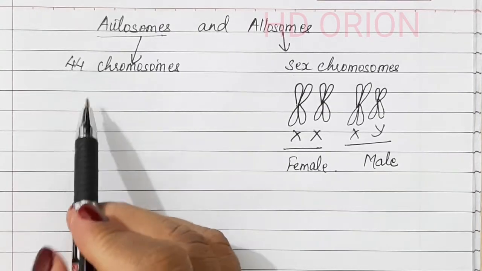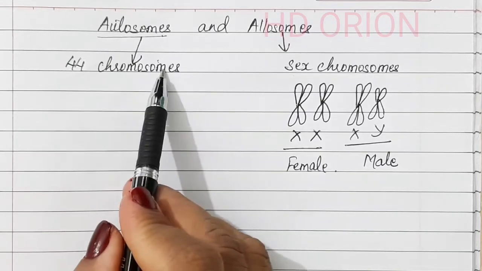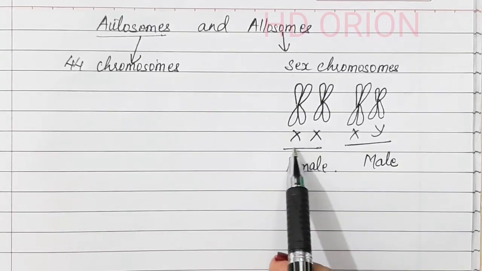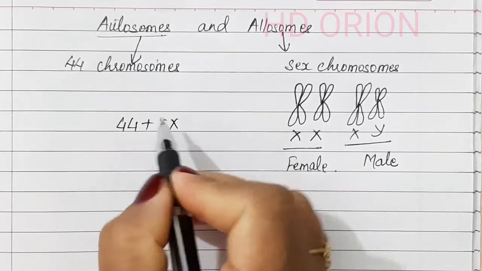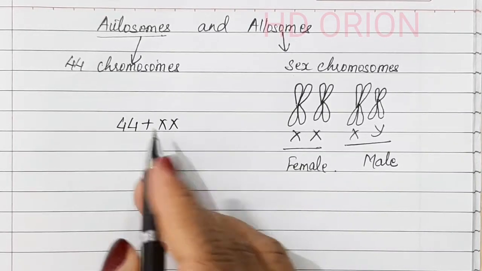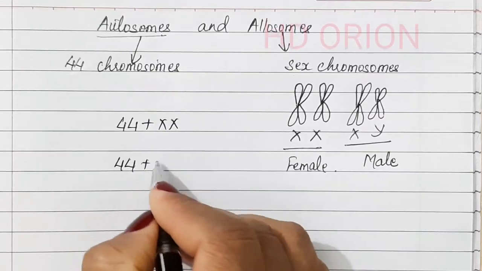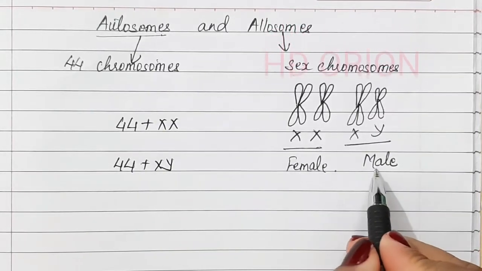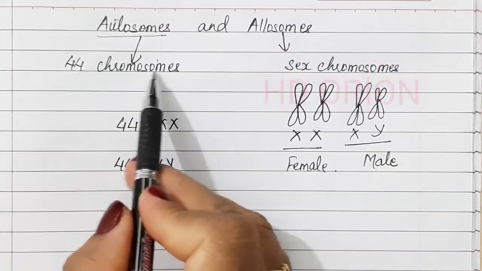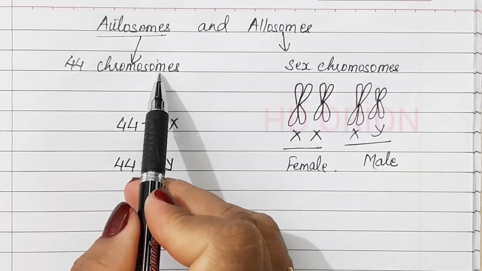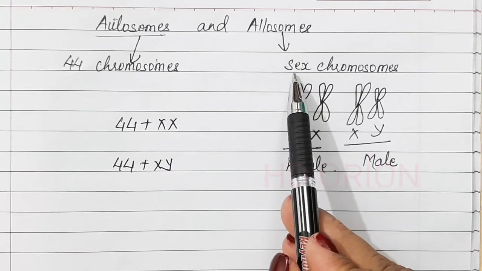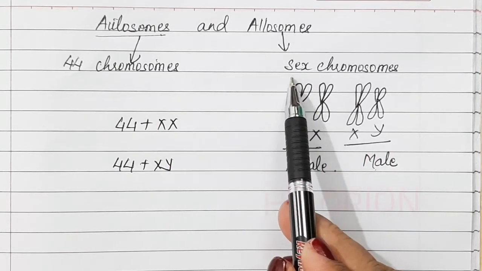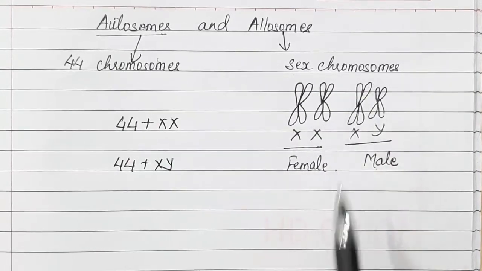So in a human being, the first 44 chromosomes are the same, plus it can be XX, 44 plus XX, this would be a female individual, and if it is 44 plus XY, it would be a male individual. The first 44 chromosomes have nothing to do with gender, and so they are called autosomes, but the last pair of chromosomes, since they refer to gender, we call sex chromosomes.